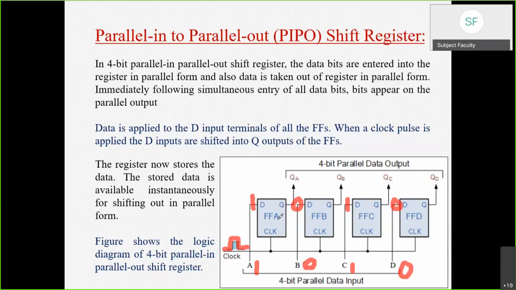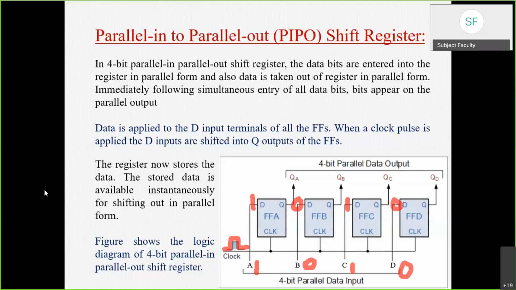Now you can observe the input of flip-flop A is 1, flip-flop B is 0, flip-flop C is 1, and flip-flop D is 0. Depending on these input values, the output of each flip-flop will vary on the application of a single clock pulse, because this clock is applied simultaneously.